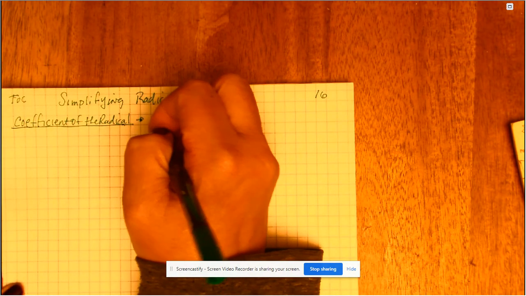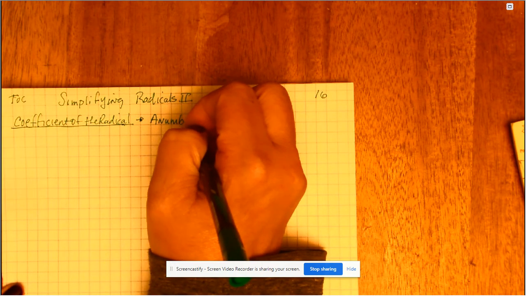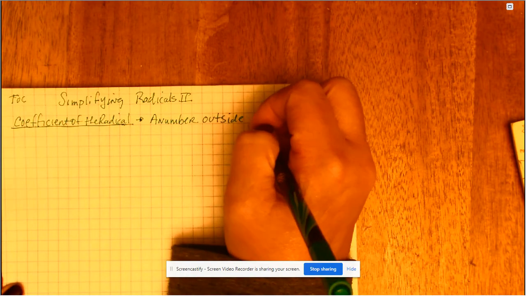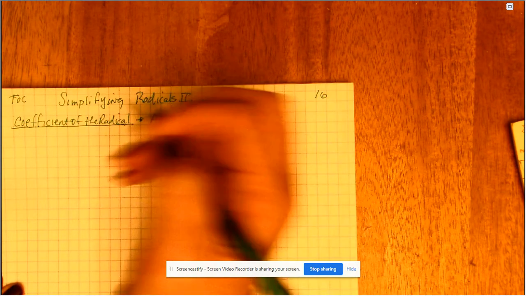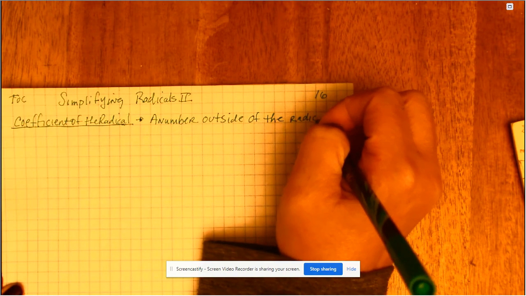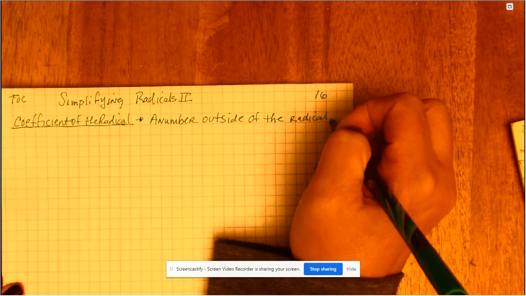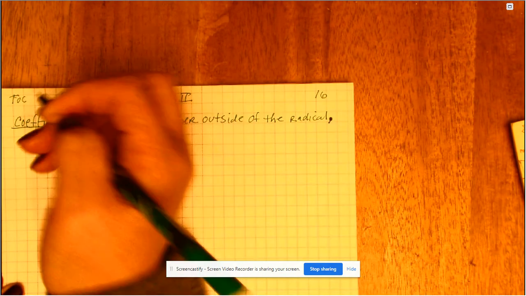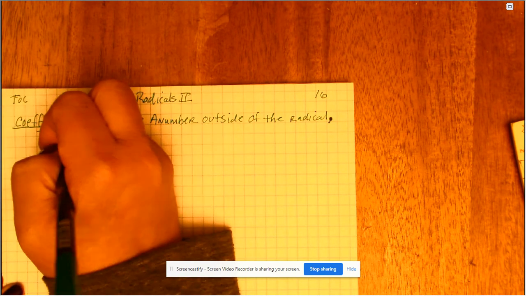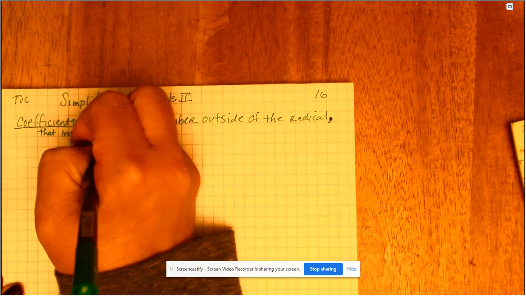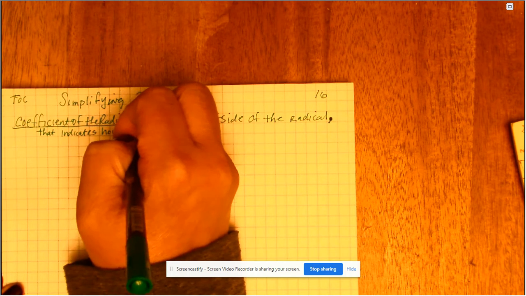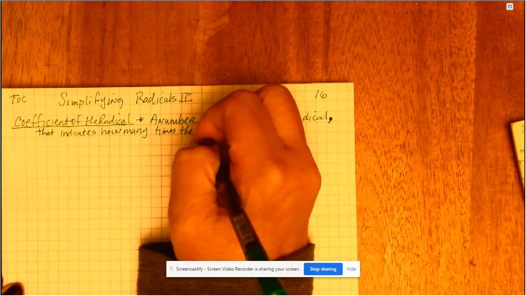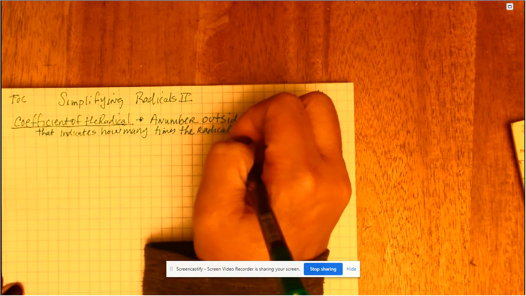So a number outside of the radical that indicates how many times the radical exists.